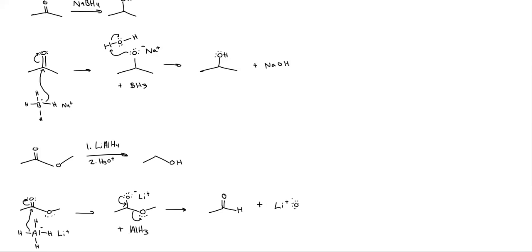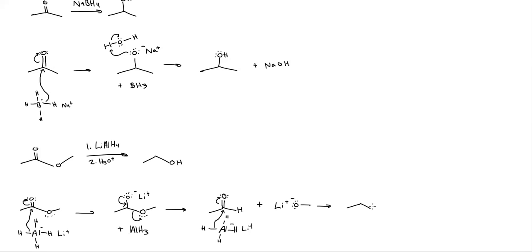And that's it. Okay. So now another lithium aluminum hydride is going to come in. And what that's going to do is add another hydrogen on there, and those electrons are going to go onto this oxygen, just like last time.